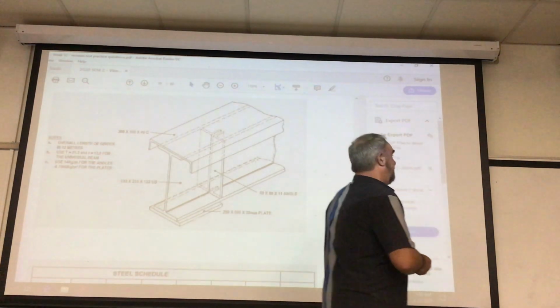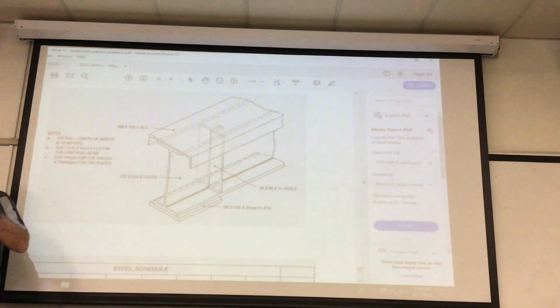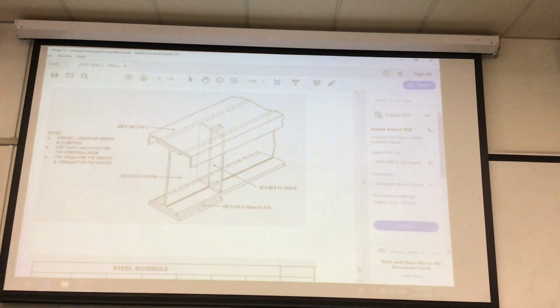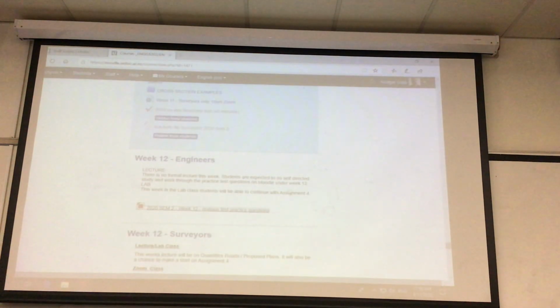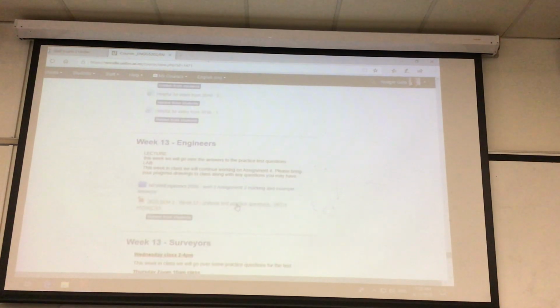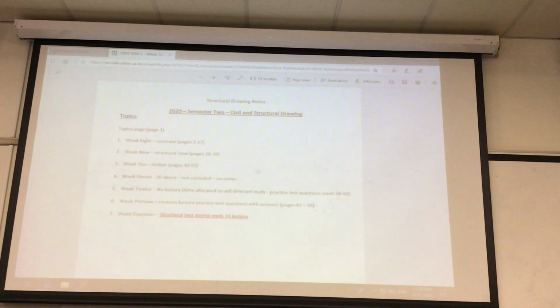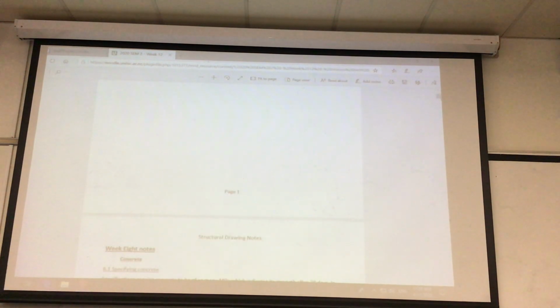I think what I'll do is I'll do the reinforcing on that board. I think what I'll do is I'll open up the answers to this, because this one is fairly straightforward.